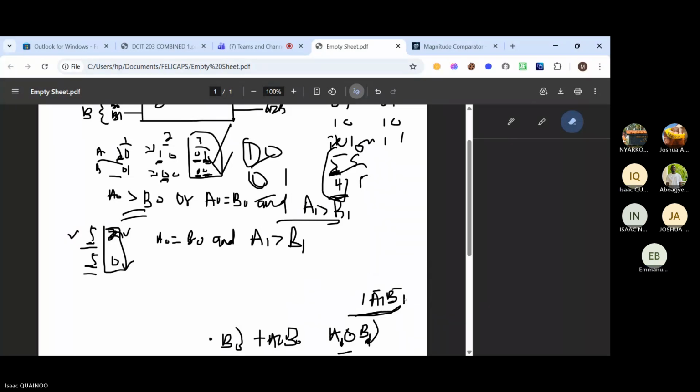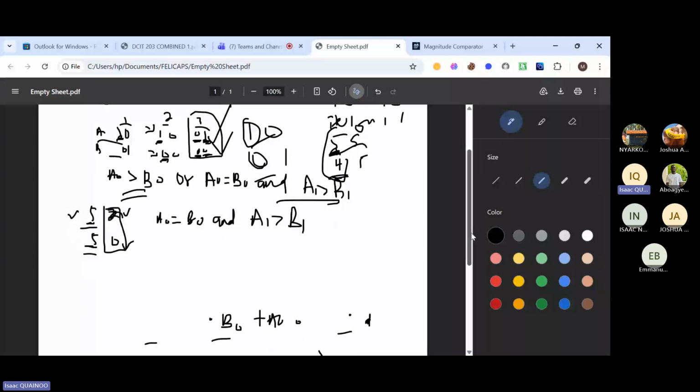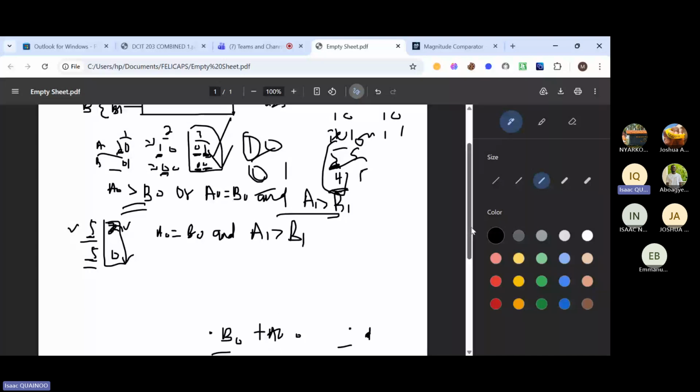Okay, so we just use the basic logic for establishing if one number is greater than the other number. First, you establish equality: A0 is equal to B0.